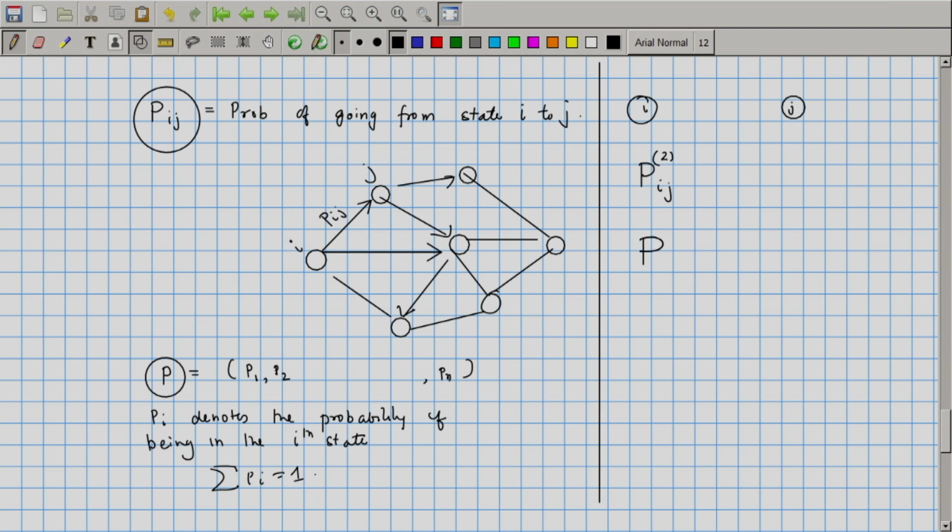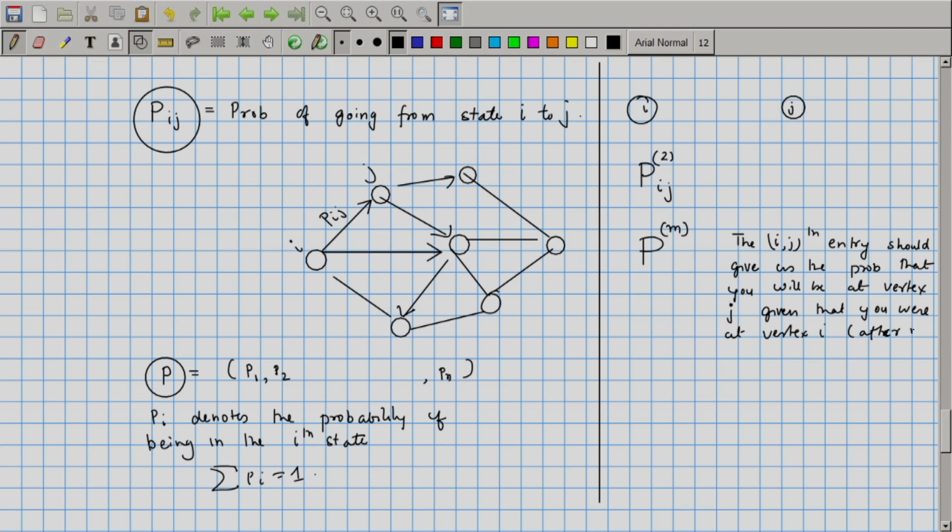In general, if we write P^m, this denotes a matrix whose ijth entry of this matrix should give us the probability that you will be at vertex j given that you were at vertex i, after m steps.